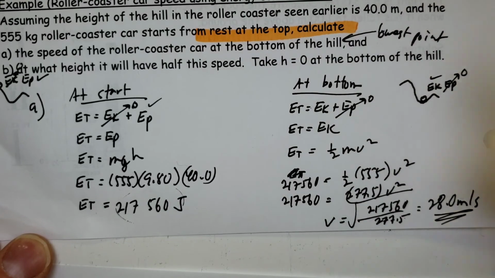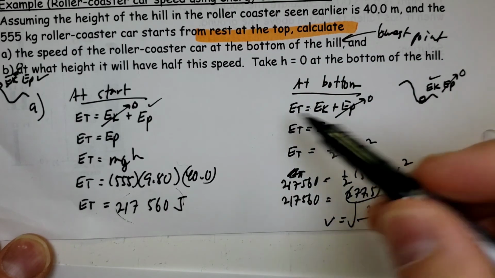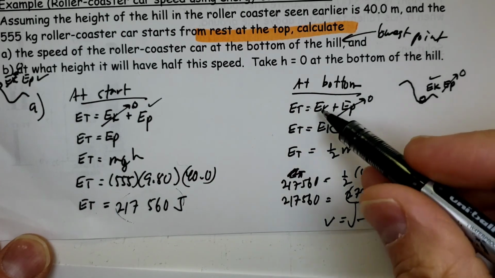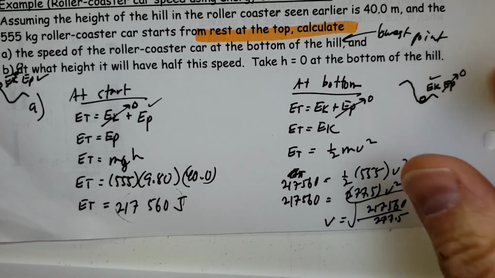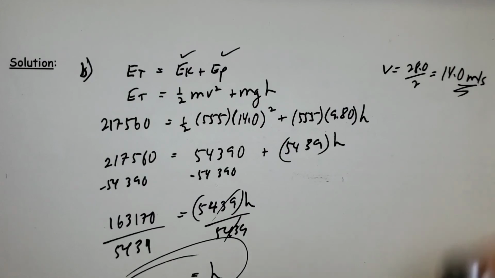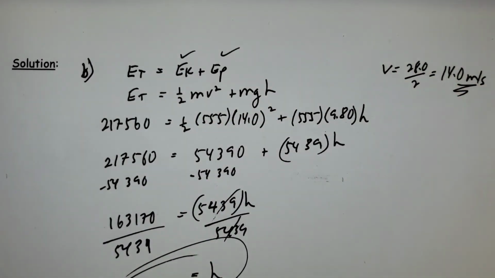At the bottom, all the energy is kinetic because you're at a height of 0, so your h will be equal to 0 for potential energy. So ET is equal to EK at the very bottom. And somewhere in between, you have a little bit of both. A lot of these questions involve figuring out the total energy first. Then once you know the total energy, you can figure out the rest. All right, you should be able to do the assignment now, and we'll see you again.